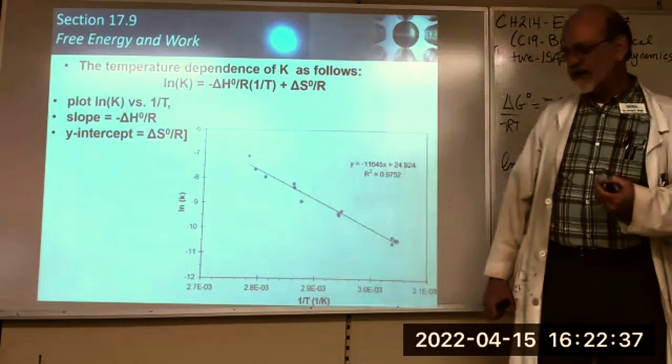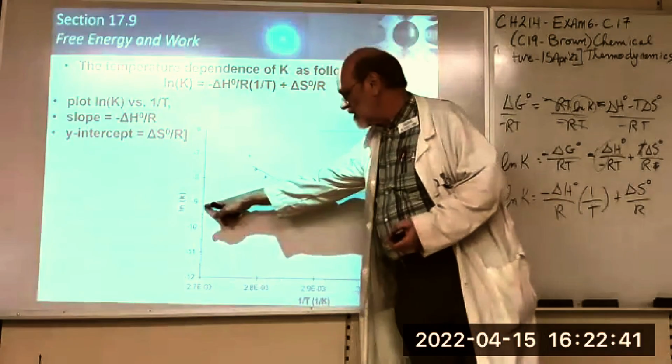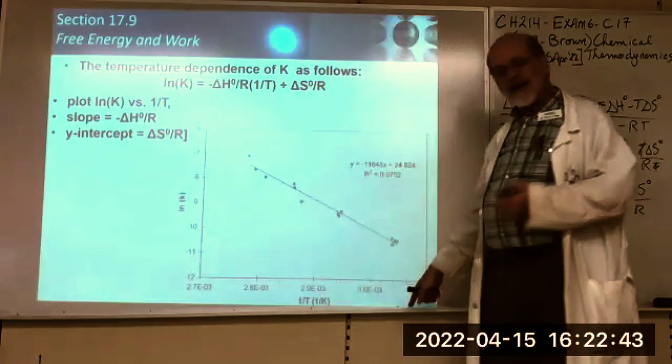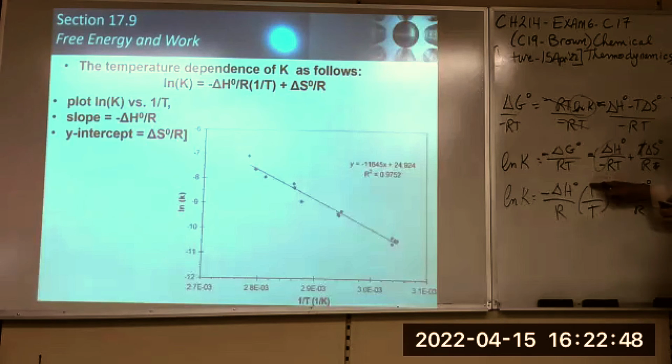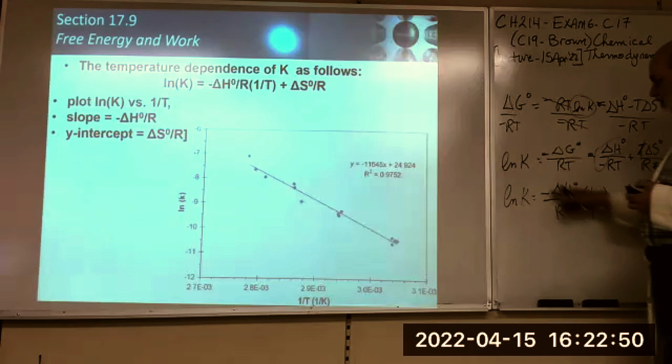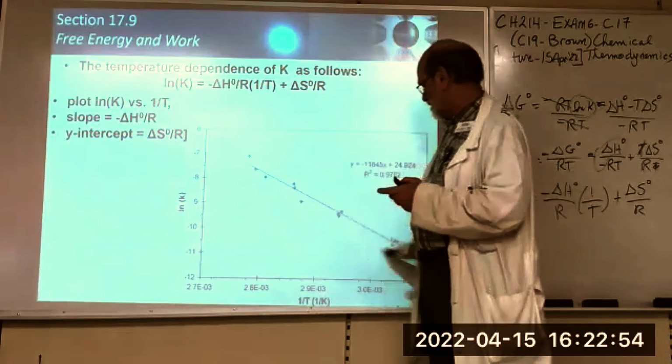So we got several Ks measured at different temperatures. And we plot the inverse of the temperature against the log of those Ks. And we get this straight line.